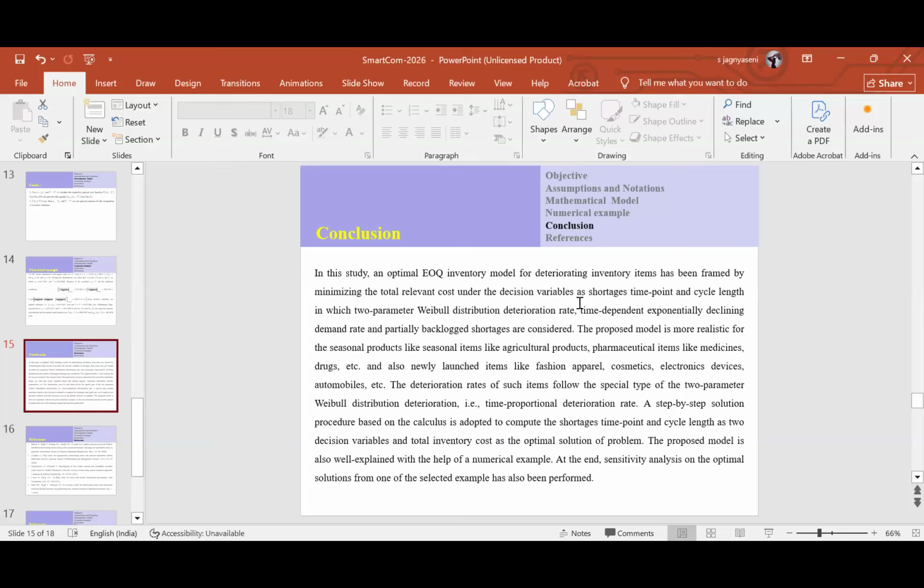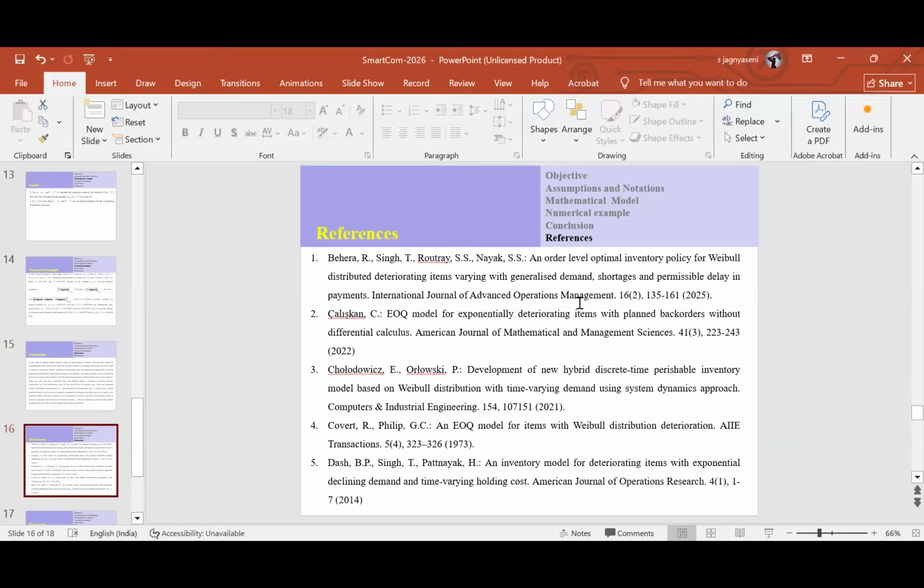The proposed model is also well explained with the help of a numerical example, which we already showed in the slide. At the end, sensitivity analysis on the optimal solution from one of the selected examples has been performed here. These are my references.